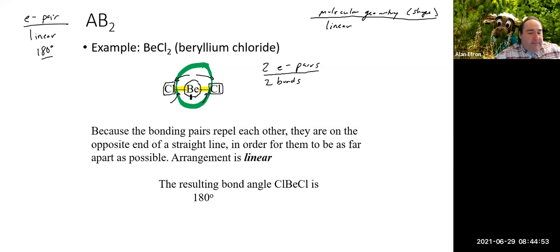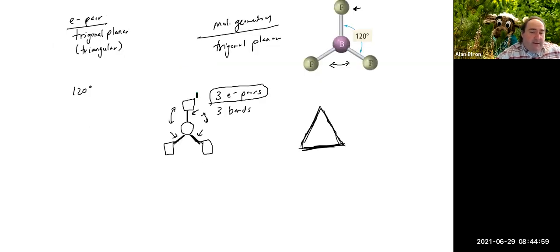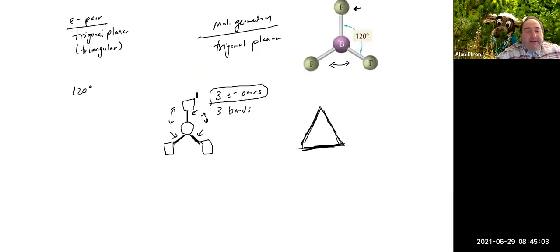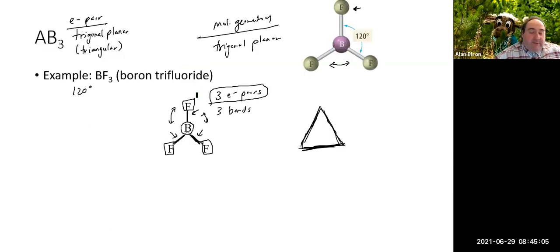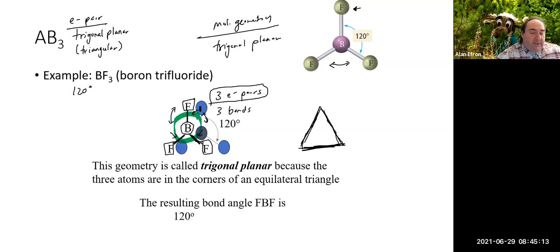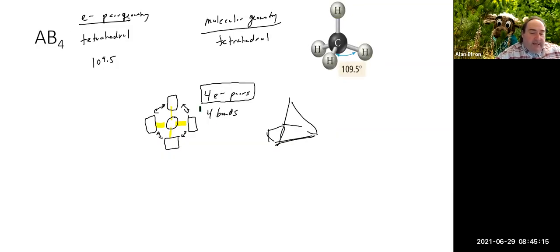The only electrons we had here were bonding electrons between the Be and the Cl. By the way, this one was an incomplete octet, right? When we look at this central atom, no non-bonding electrons, no dots around the central atom. They're all bonding electrons.